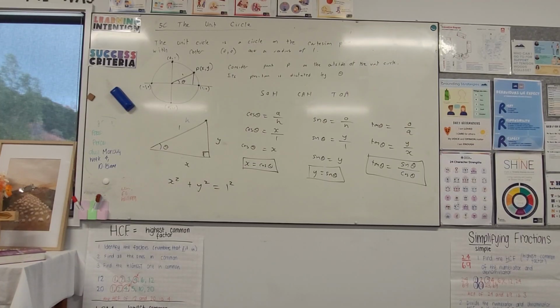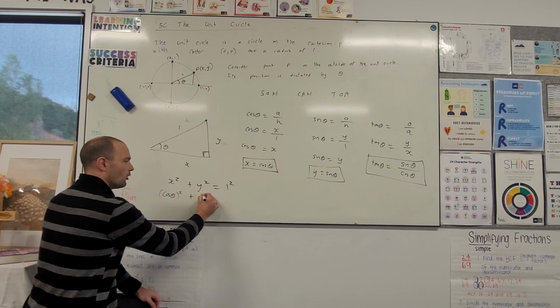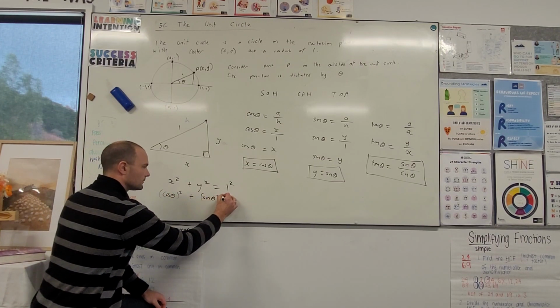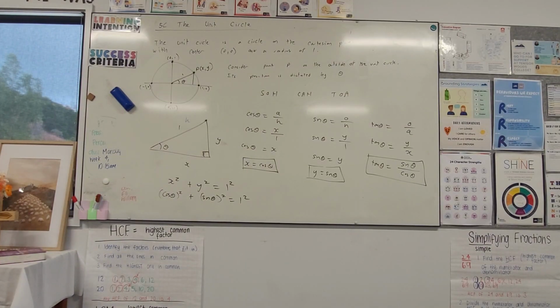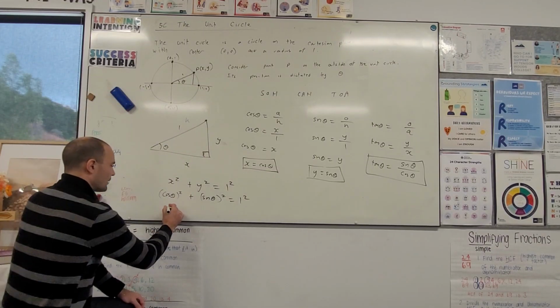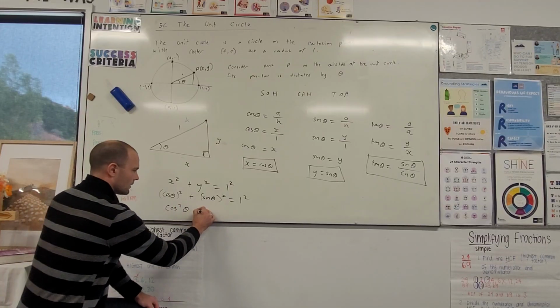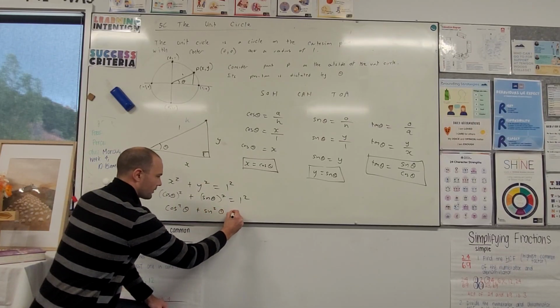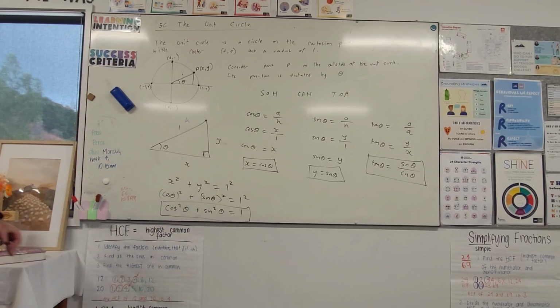But we know x is cos theta, and we know y is sine theta. And so we have the Pythagorean identity, that cos squared theta plus sine squared theta equals 1. The way we will technically express that is cos squared theta plus sine squared theta. That's going to be the Pythagorean identity.